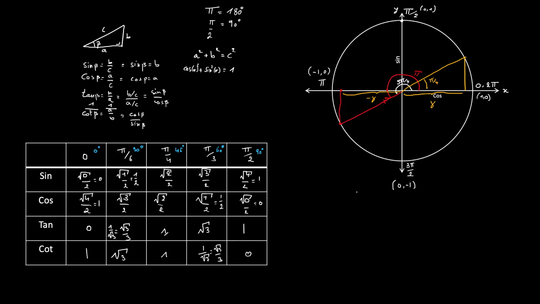And many of you might have been taught relationships like this in high school, that the cosine of some angle alpha is going to be equal to the negative cosine of that same angle plus 180 degrees or plus pi. And this is actually where it comes from, because you see, we only traveled pi further away than our original angle, our angle pi over 4.